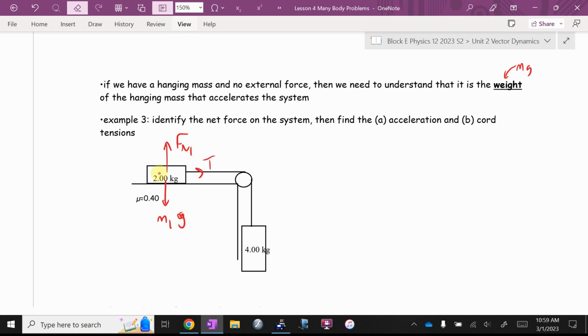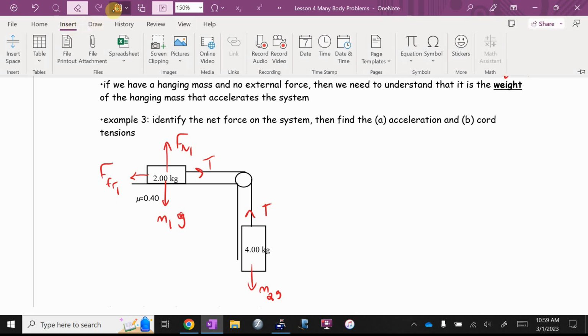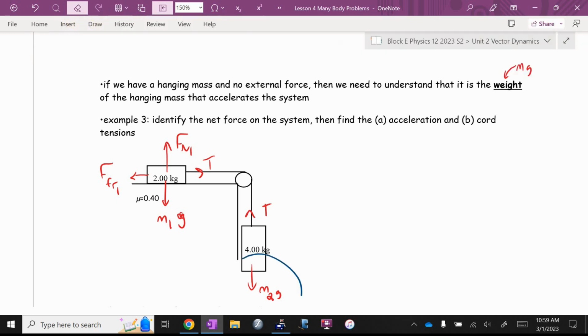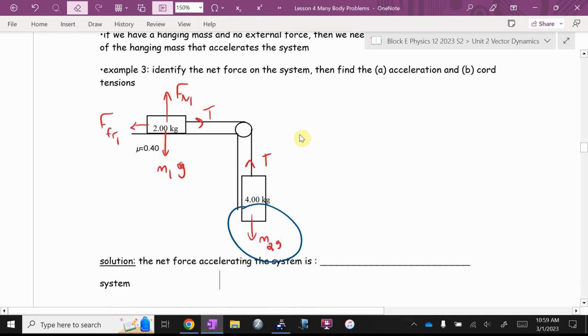Kenta, I would have tension. I would have friction 1, m2g, and tension. What force is causing this whole thing to slide? What's starting this little chain reaction? That there. If anything is winning, that's probably my winner.